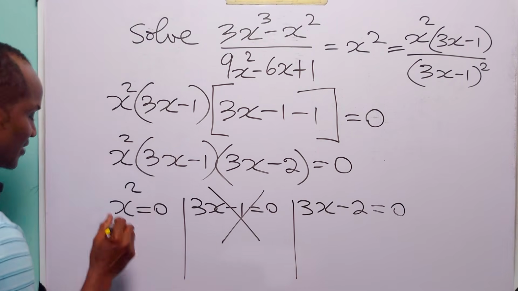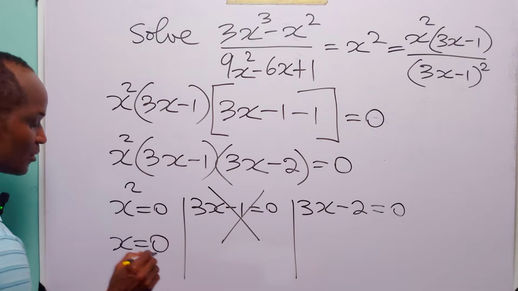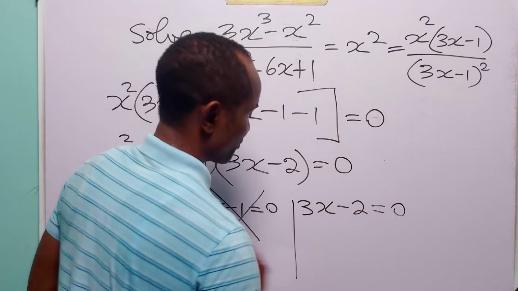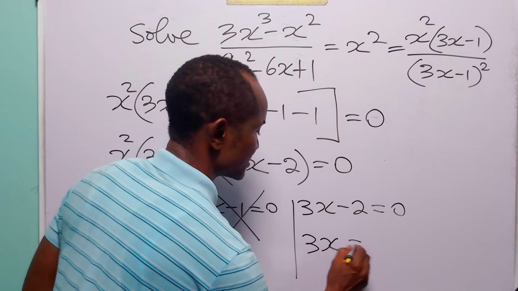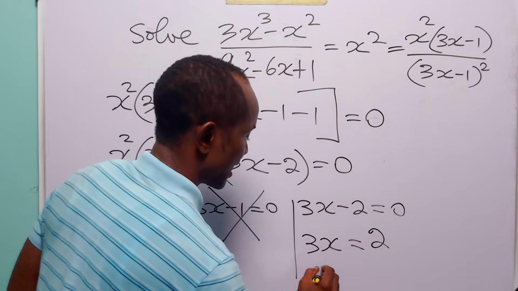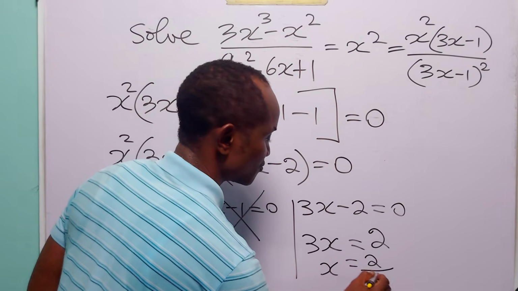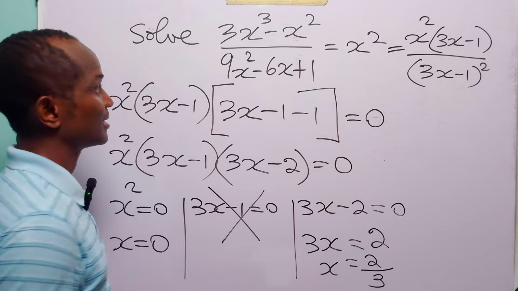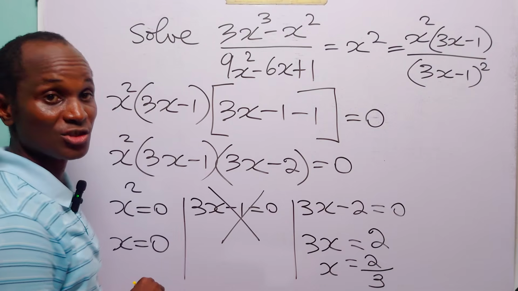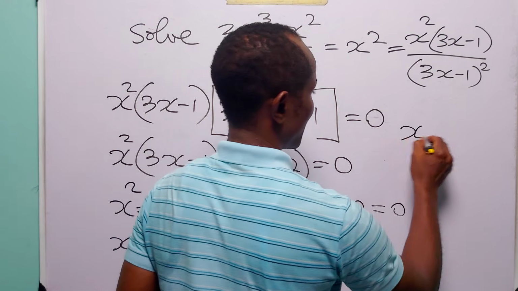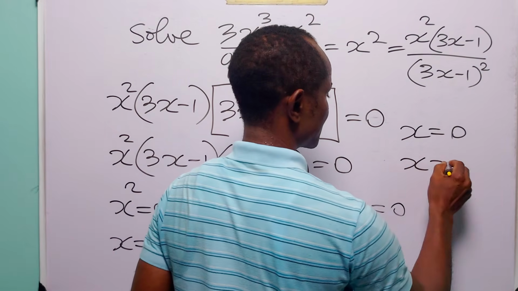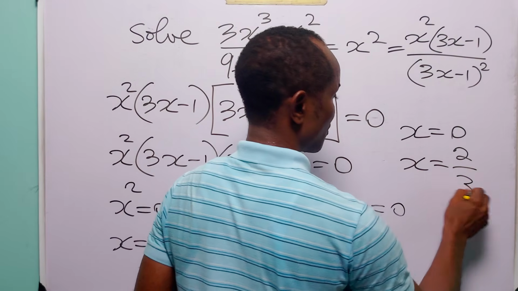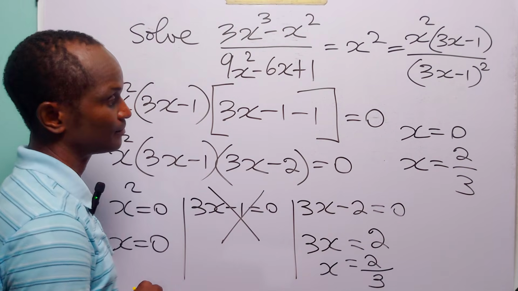So we simply have that x is equal to 0. And then from here, we have that 3x is equal to 2 and x is equal to 2 over 3. So the two values of x that satisfy this rational equation are x equal to 0 and x equal to 2 over 3.